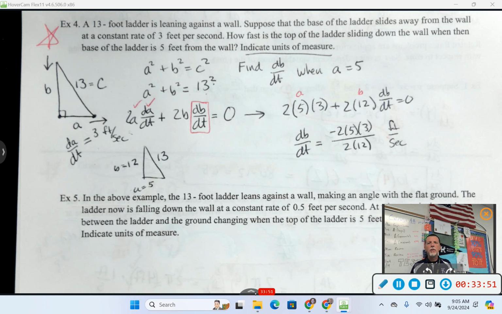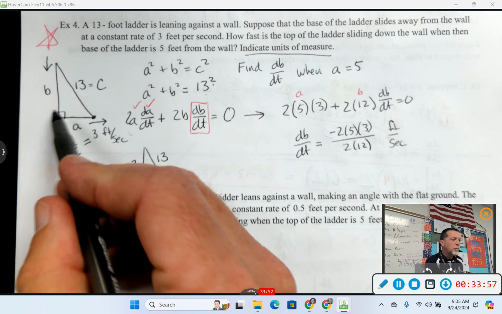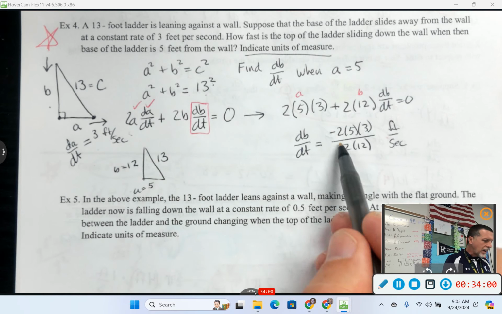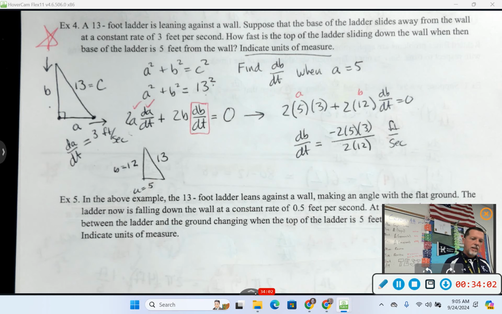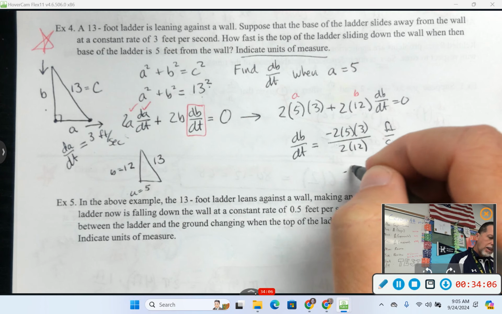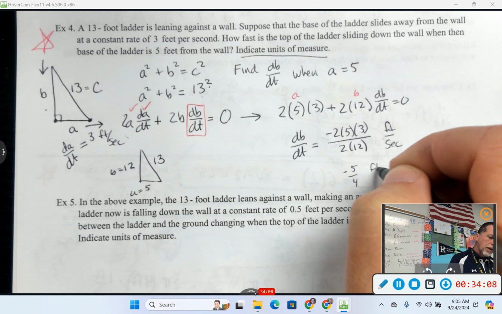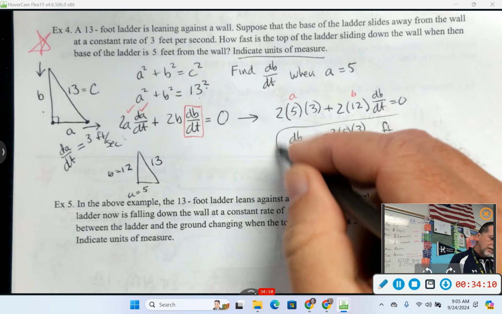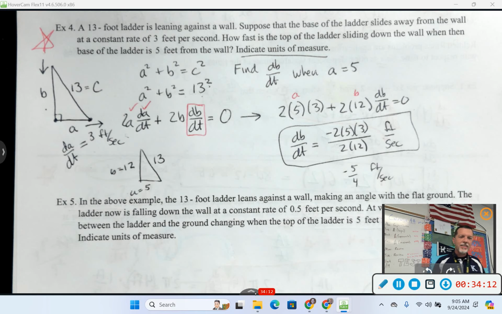It's negative though. Does it make sense that it's negative? It's going down the wall, so B is getting smaller, so that's why it's negative. That's a perfectly okay safe stop. I think it reduces to negative 5/4, but we're not worried about that. Like, that's enough.